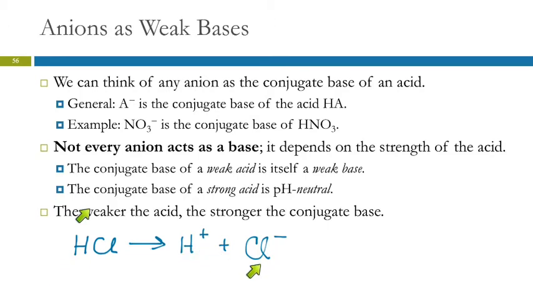But is the reaction where Cl minus accepts a proton to form HCl actually going to happen in solution? No, because it only goes in this one direction. The strong acid ionizes completely. The reverse reaction just doesn't happen. So chloride ion is said to be pH neutral. It's not going to affect the pH of the solution.